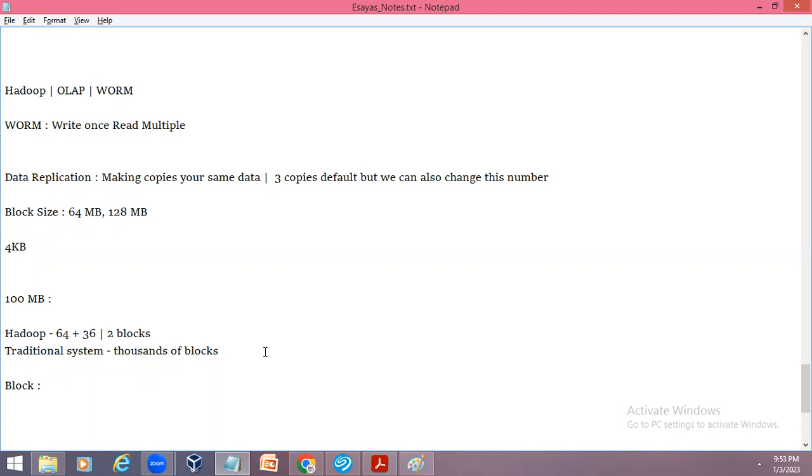But how do we define it exactly? It's the minimum physical storage on disk. Remember like this. We have 2 types of storage in Hadoop, logical storage and physical storage. So block is the minimum physical storage on disk.